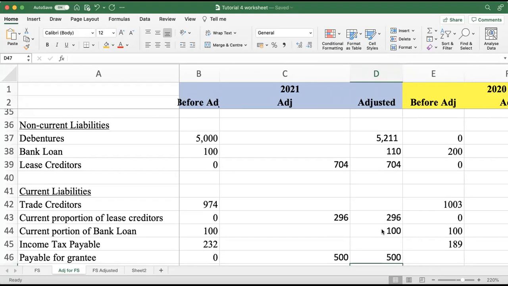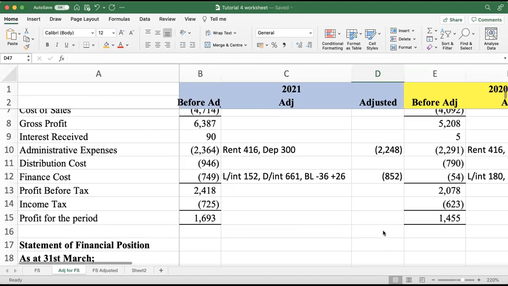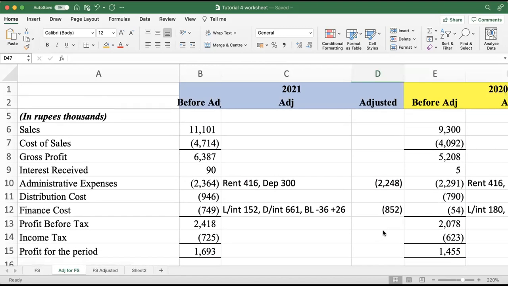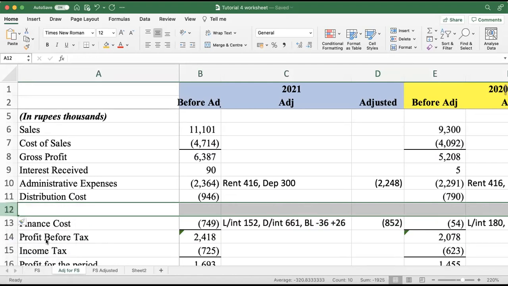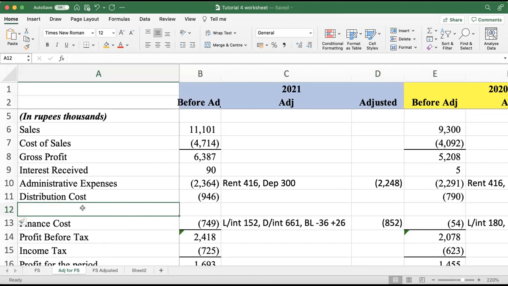So you can take it as other expense. So you can insert a row in your income statement. Then you can write down other expenses.